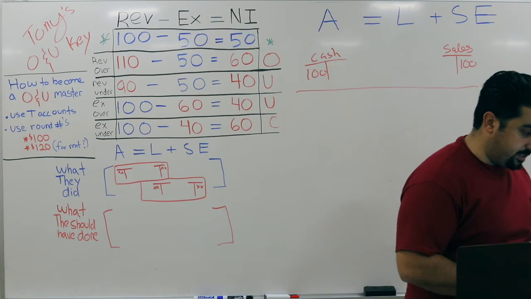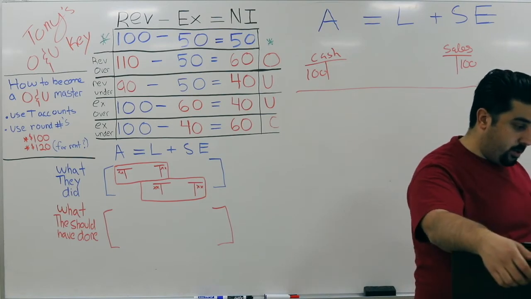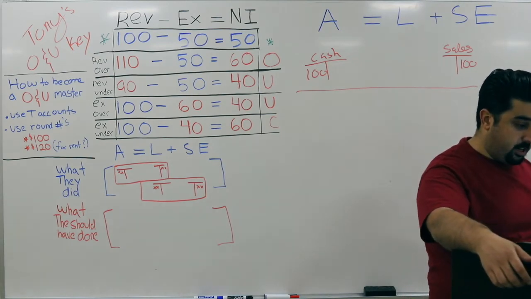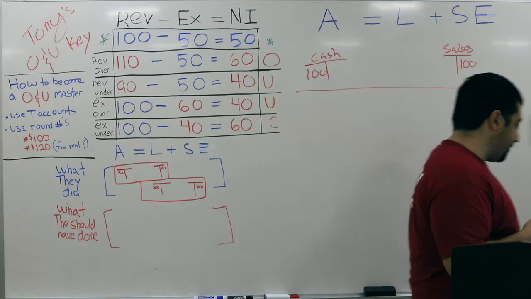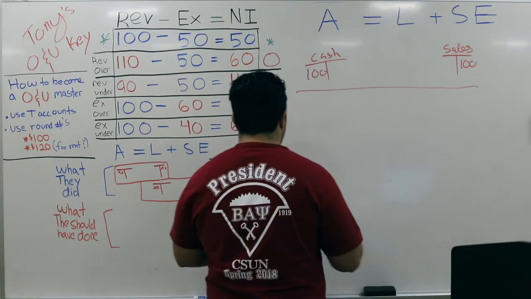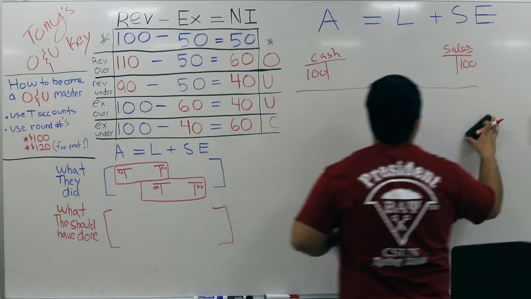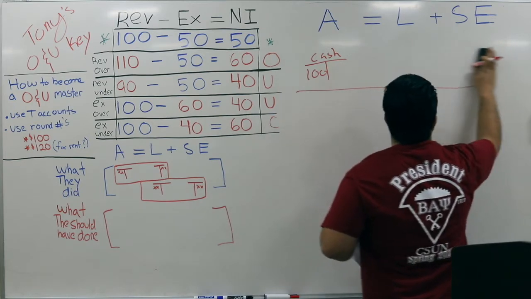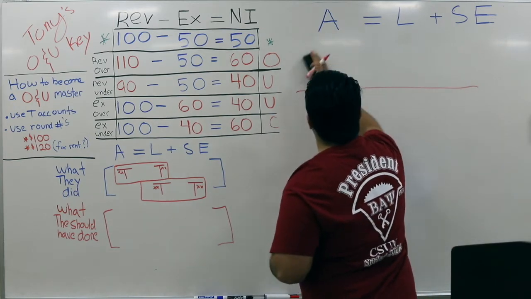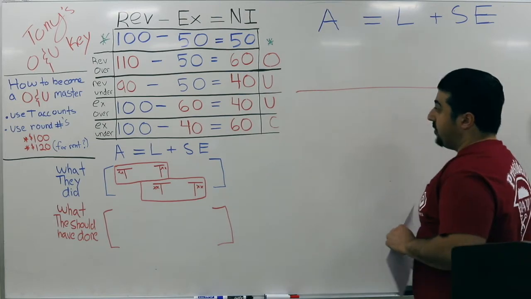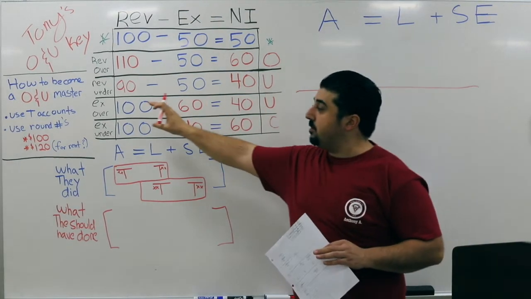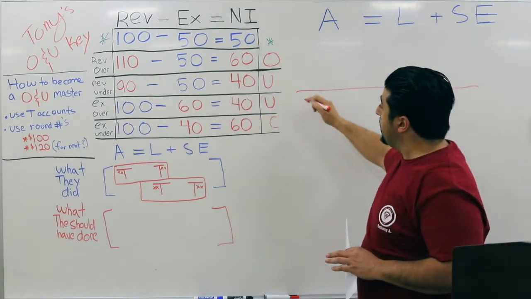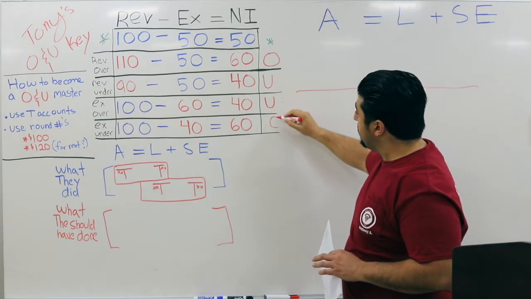Question number 6. Failed to record depreciation at the end of the current period. Alright. So, failing to record depreciation, right off the bat we know that it's going to be an expense. So we're either going to be dealing with this one or this one.